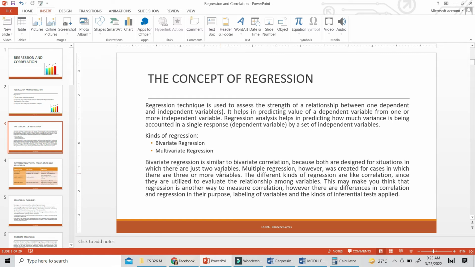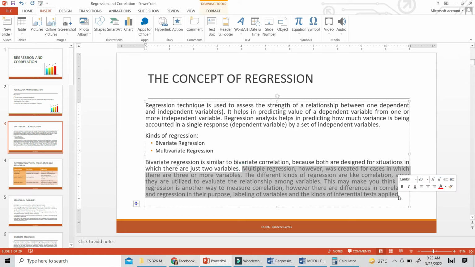On the other hand, we also have multiple regression. When you say multiple regression, this was created for cases in which there are three or more variables. In bivariate regression, just two variables are involved, whereas multiple regression, or multivariate regression, was created for cases that involve three or more variables.